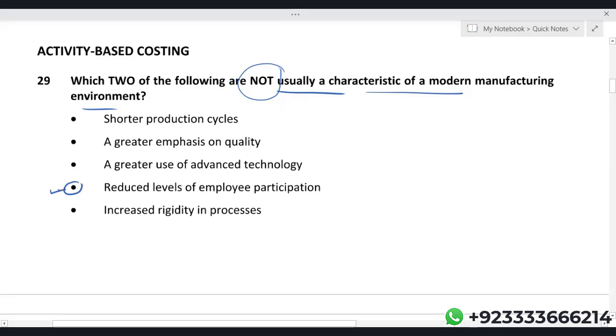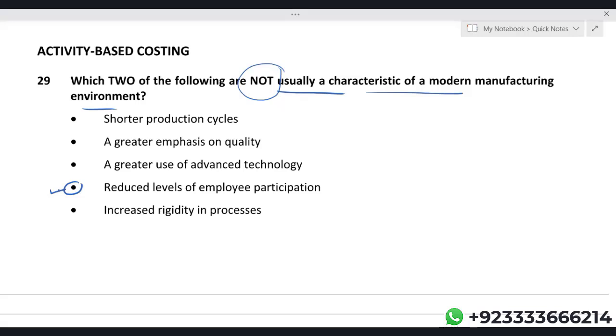In a modern manufacturing environment, the participation of employees has increased. To be very honest, any beneficial, workable suggestion given by any employee, the organization does consider it. Previously, this was not the case, but now it is.